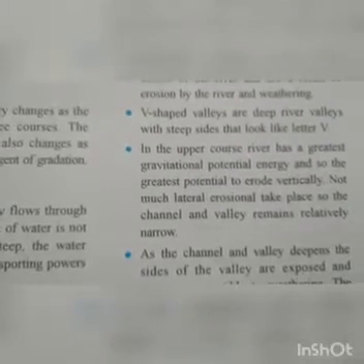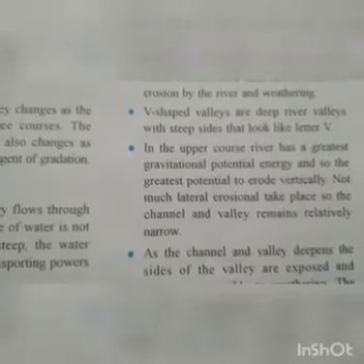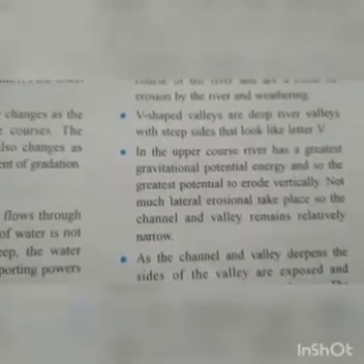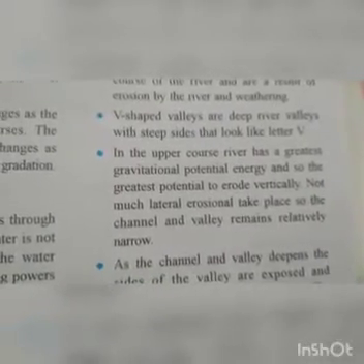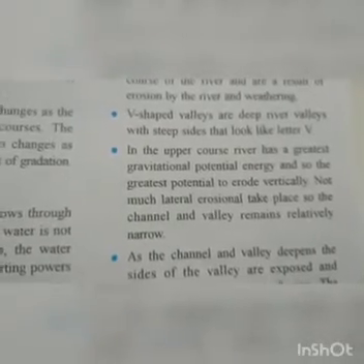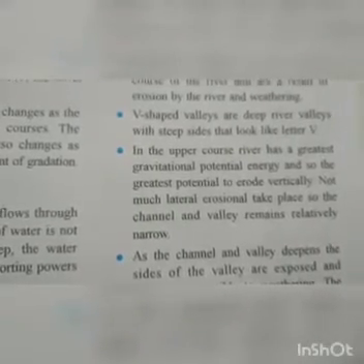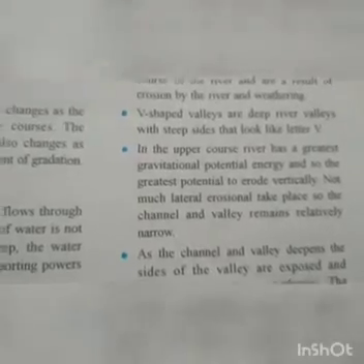In the upper course, river has the greatest gravitational potential energy, and so the greatest potential to erode vertically. Not much lateral erosion takes place, so the channel and the valley remain relatively narrow. So narrow means not very broad, not very wide, right?